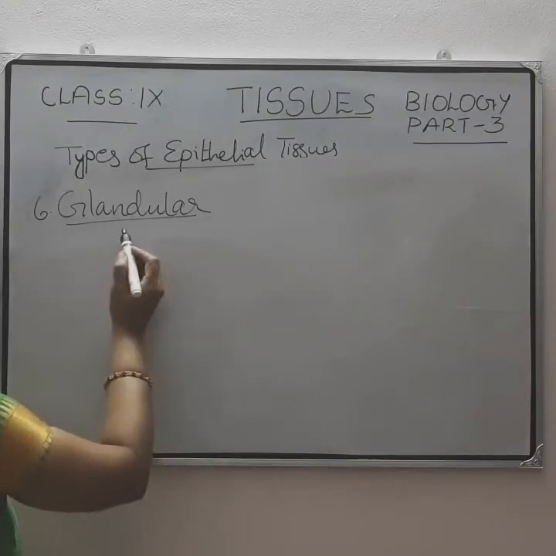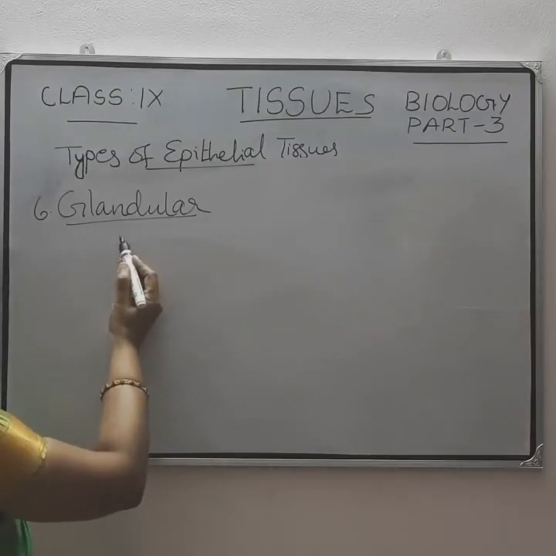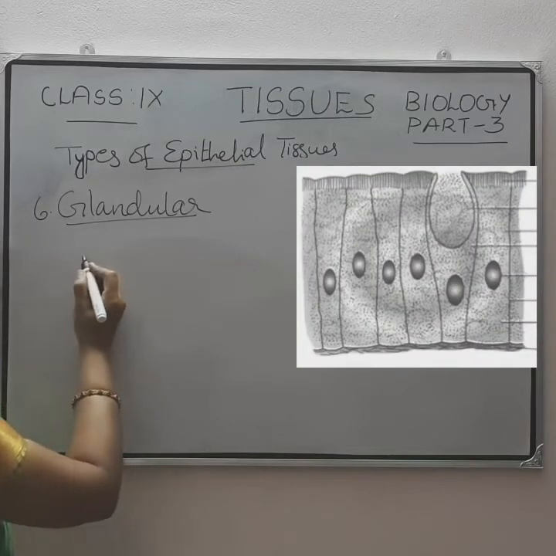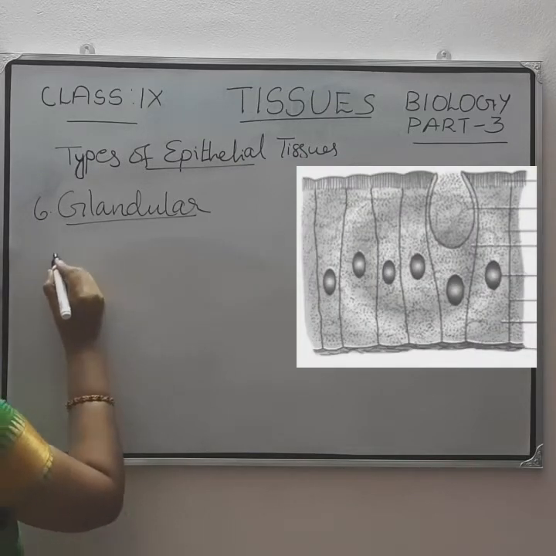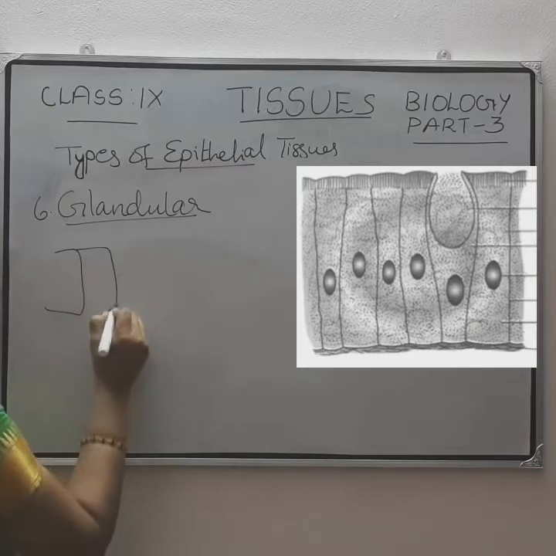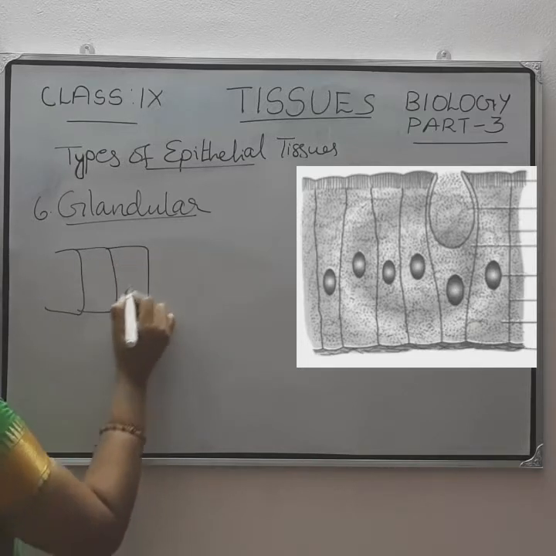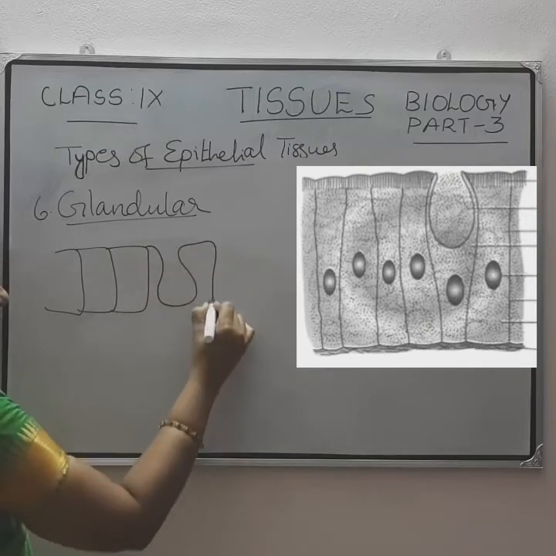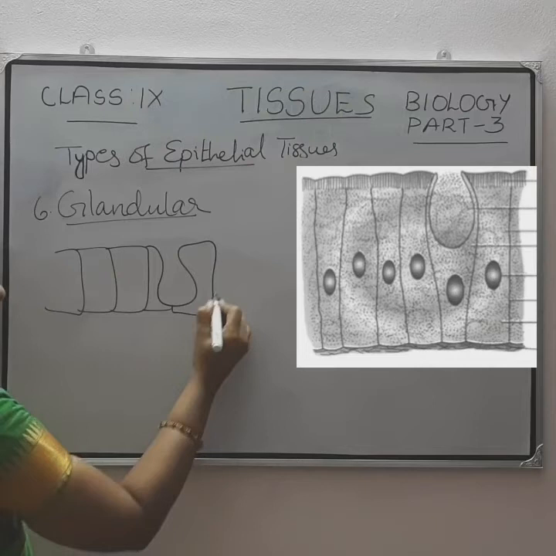Then another type of epithelial tissue, glandular epithelial tissue. Sometimes a portion of the epithelial tissue folds inwards and forms a multicellular gland, like this.